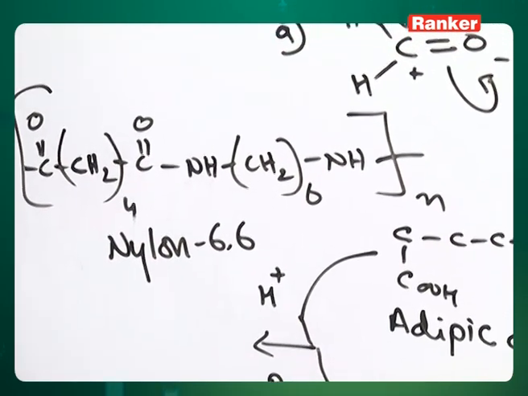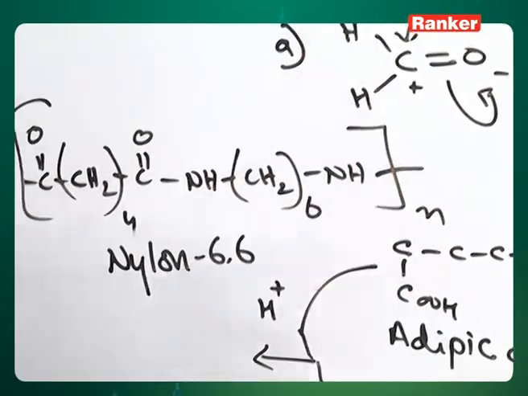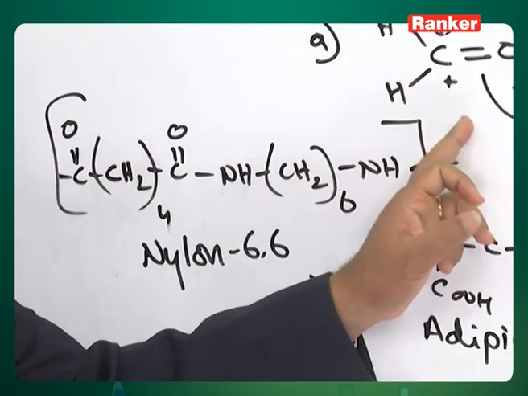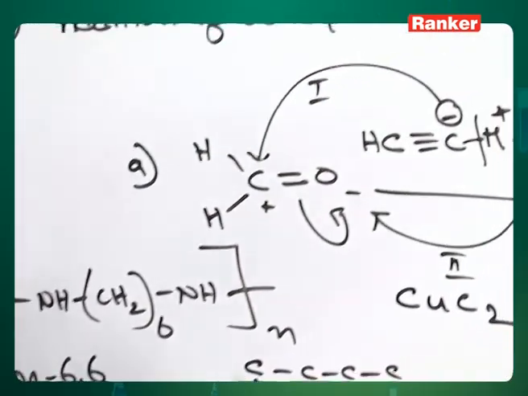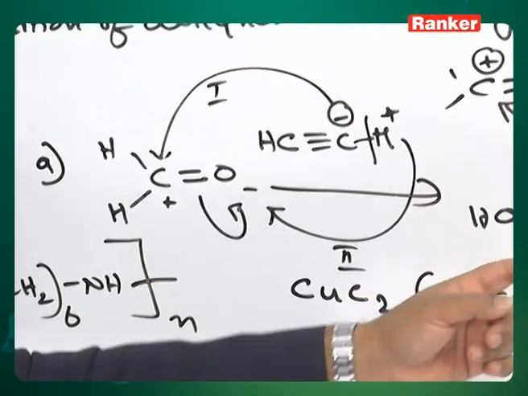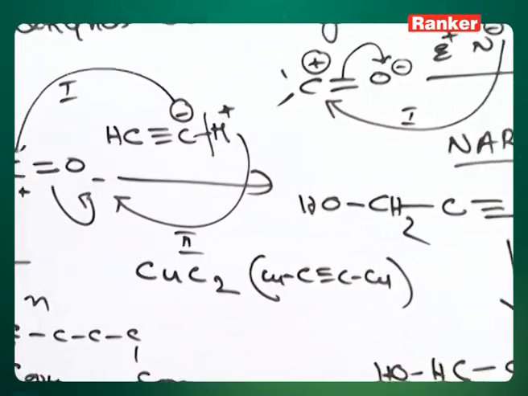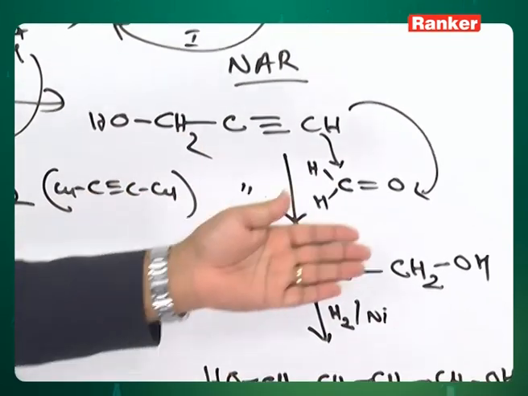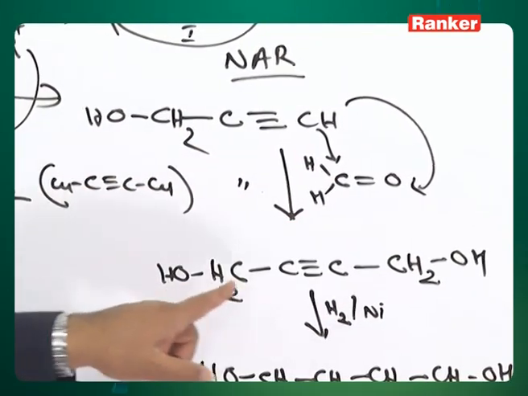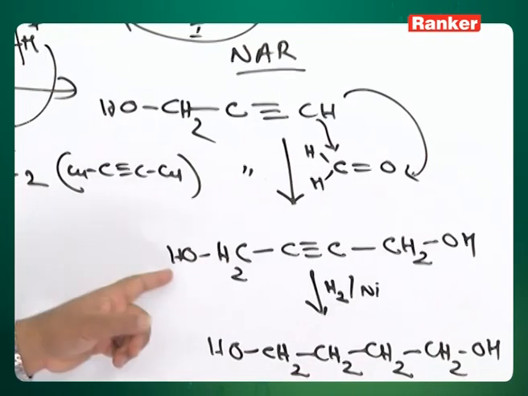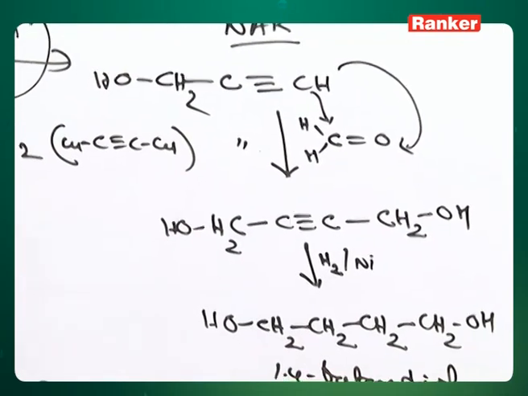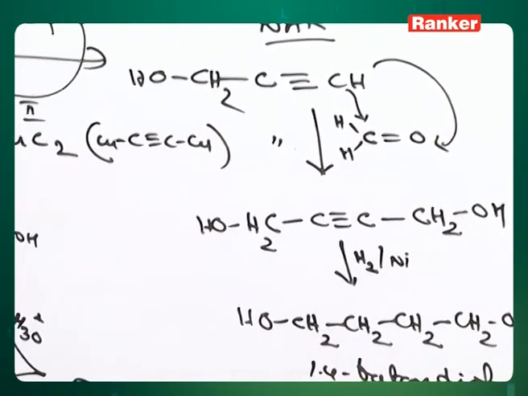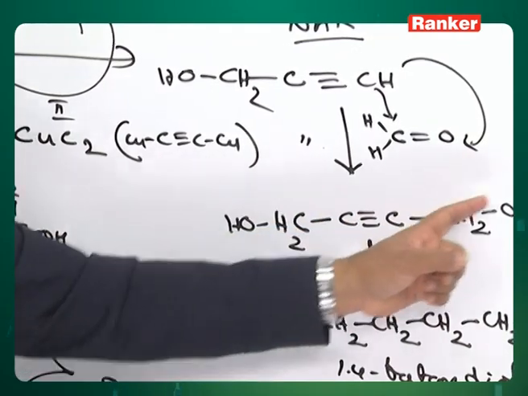So once again let me see how this compound is formed. Formaldehyde is added to acetylene. So one side addition took place and propargyl alcohol is formed. The reaction is continued. On both the sides hydroxy methyl groups are coming. This is nothing but the butane diol.